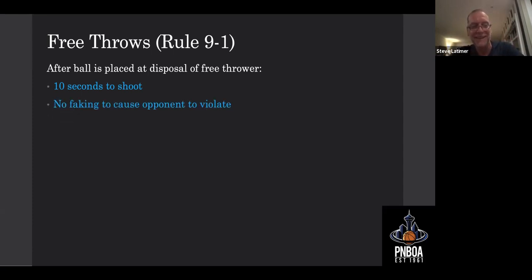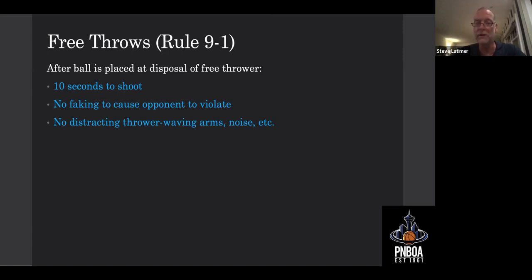You can't fake to cause the opponent to violate. So either the offensive team stutter steps their way in, or the free throw shooter fakes a shot, or the defensive team jumps in and tries to fake. Can't fake in order to cause the opponent to violate. No distracting the thrower. Can't wave your arms, you can't make noise.